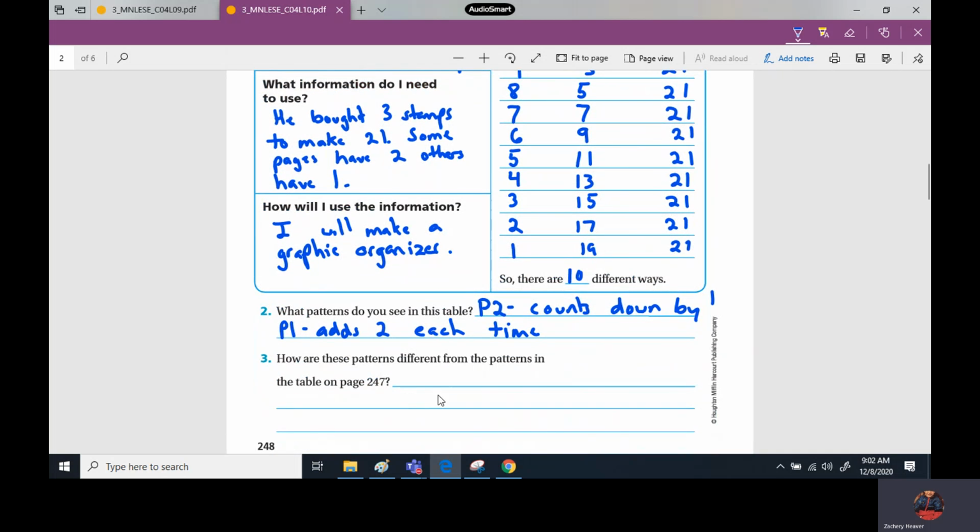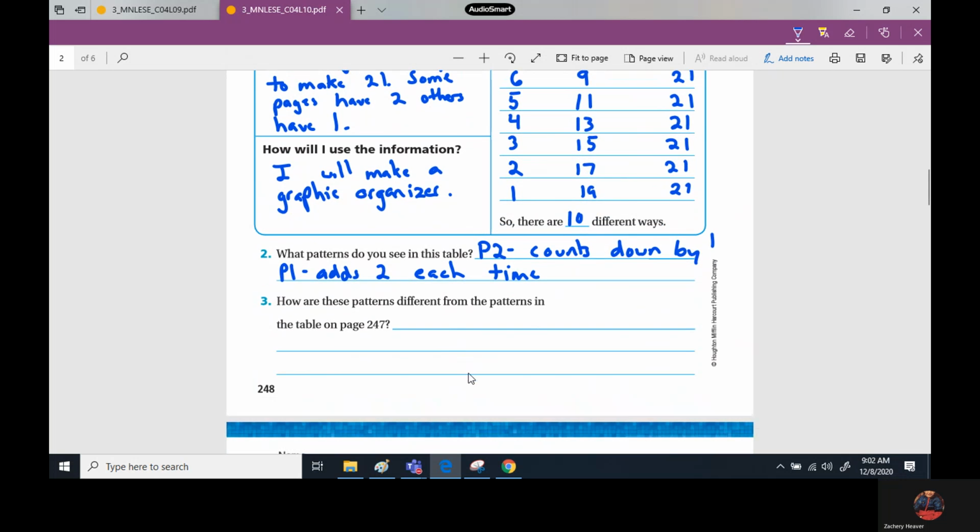How are these patterns different? The patterns are different because on P1, they skip count 2 with even numbers.